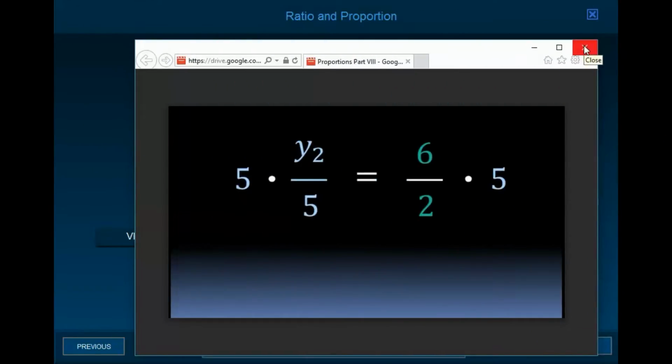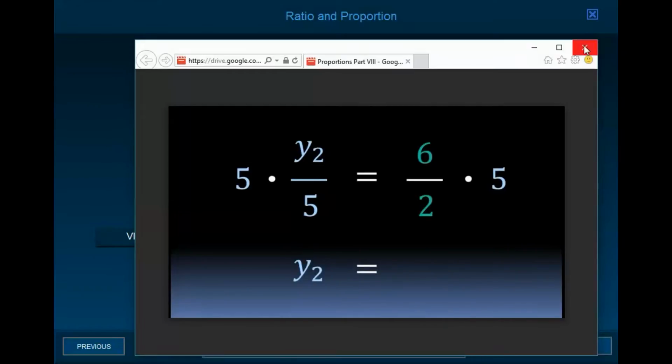We are at this point right now. We have 5 times y sub 2 over 5 equals 6 over 2 times 5. We know that 5 times anything over 5 will be that thing. 5 times y sub 2 over 5 calculates to be y sub 2 all alone.